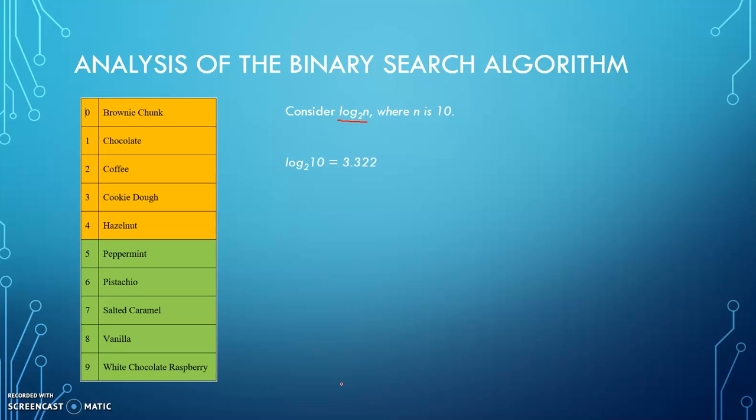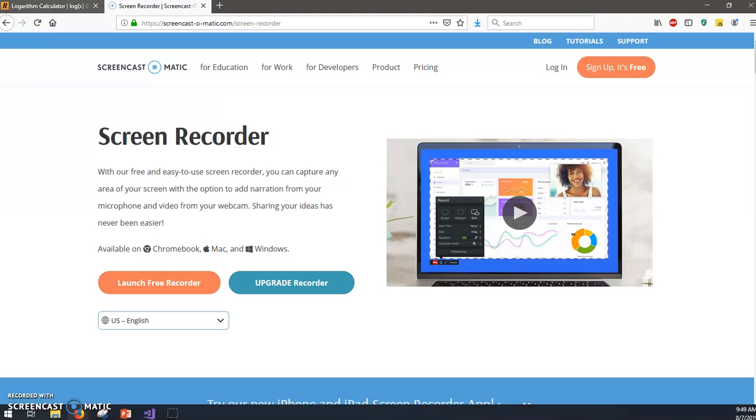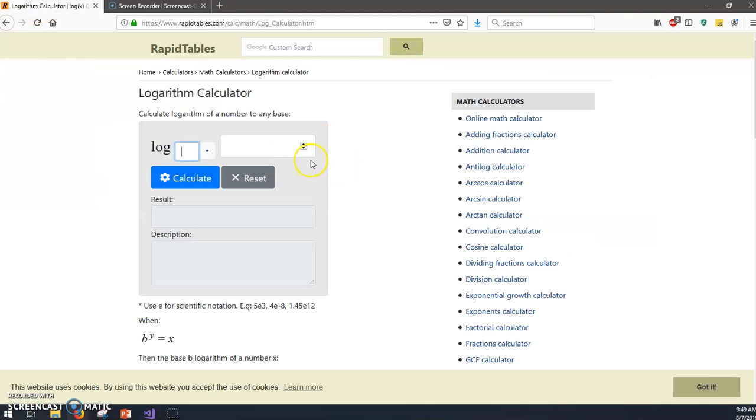And so, the log of 10 with a base of 2 is actually 3.32 something. Let me see here. I just pulled this up online. So the log of base 2, okay, the common base is there, and looking for a result of 10.